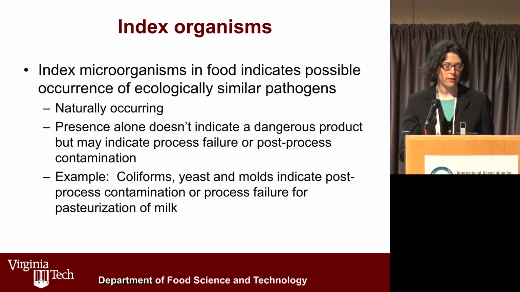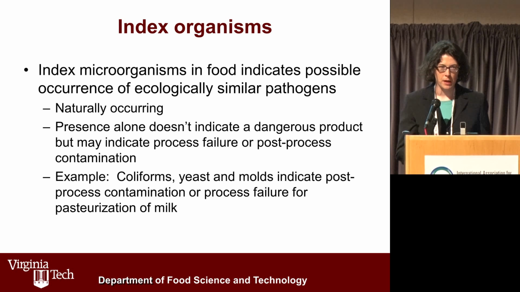However, I should point out that their presence alone doesn't indicate that there is a dangerous pathogen within that product. It just means that maybe there was a process failure or there was some type of exposure event that would allow a pathogen that had a similar physiology or a similar type of lifestyle to survive that type of process.